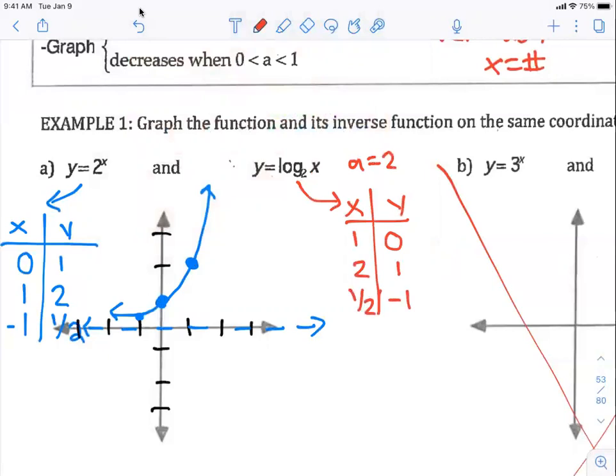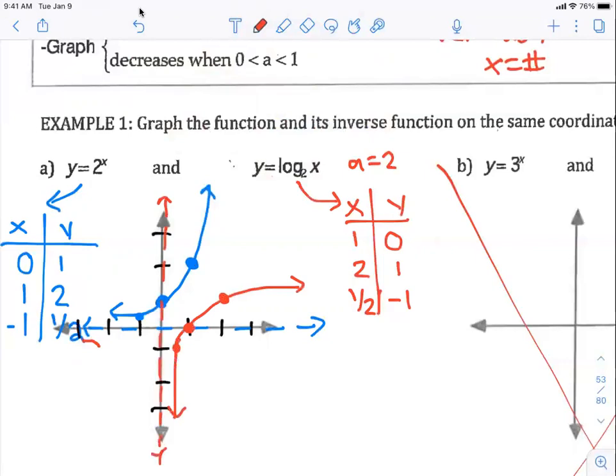Or you can literally think it's the opposite of these right here, right? We flipped all the x's and y's. So if I go ahead and graph this: 1, 0; 2, 1; 1/2, -1. So it looks like this, and it has an asymptote at x equals 0.